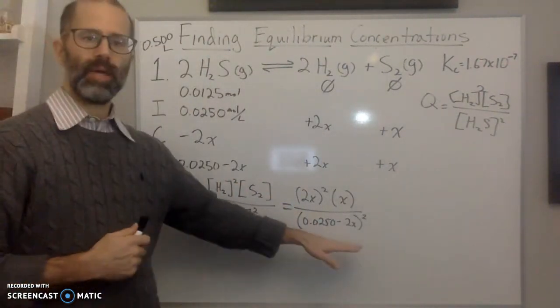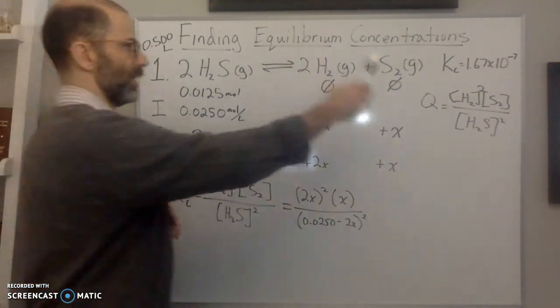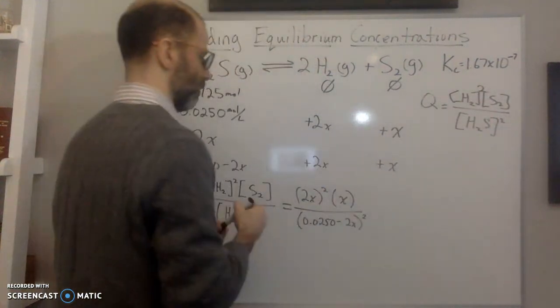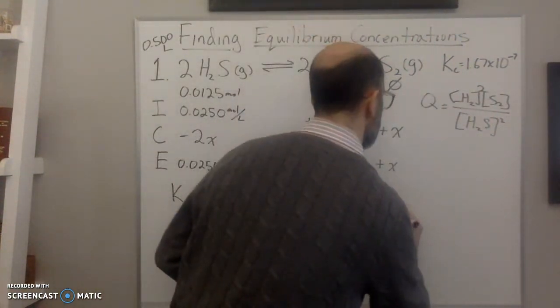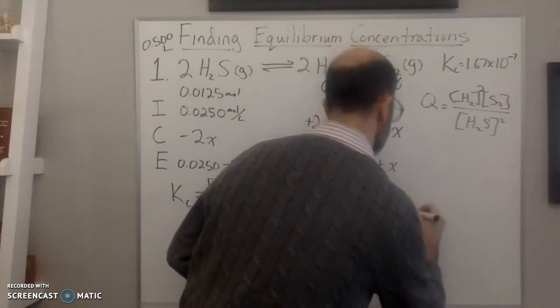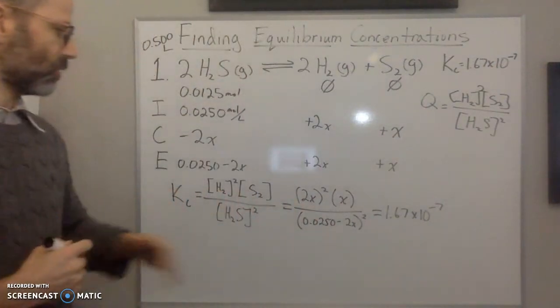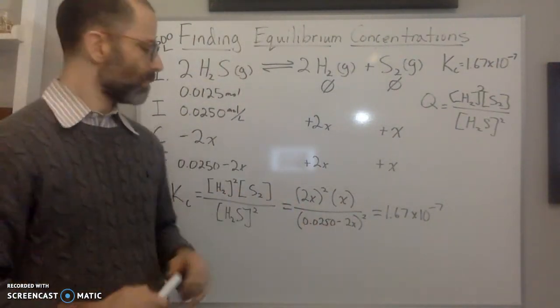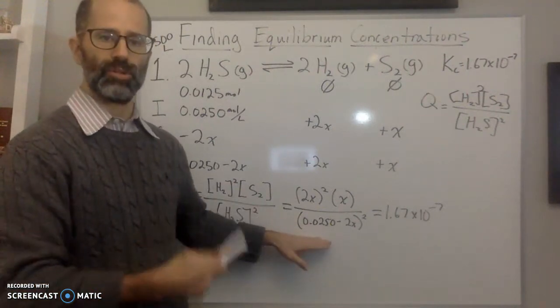Okay, so now we have our expression of Kc in terms of x, and this is equal to 1.67 times 10 to the negative 7. So now we have our full expression. At this point, all we need to do is find x, and we'll solve this.